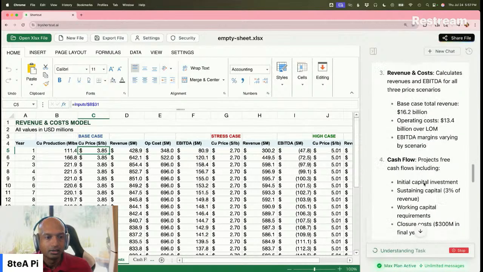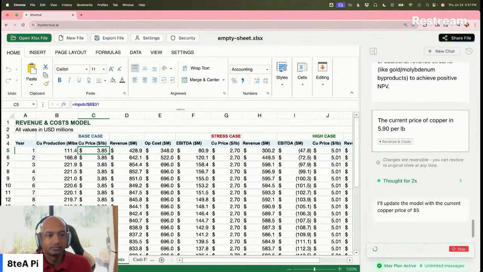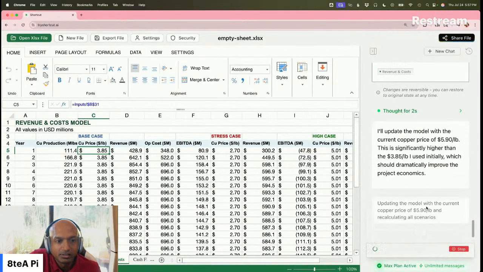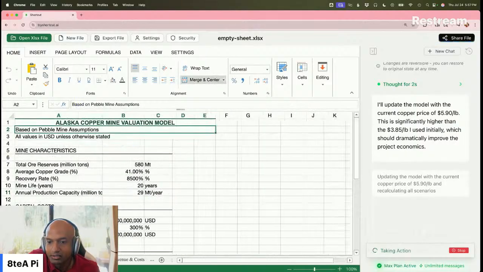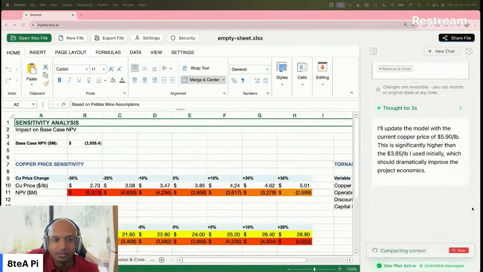All right. Okay, so it's going to update the model. Let's see what it does. It's interesting because the Try Shortcut guys have actually built a full new Excel, and it's working in the browser.